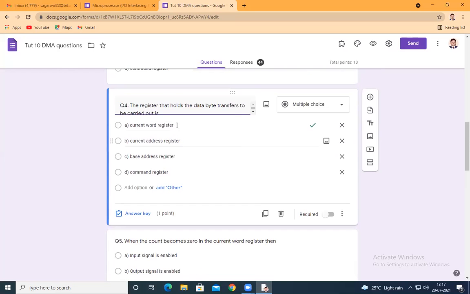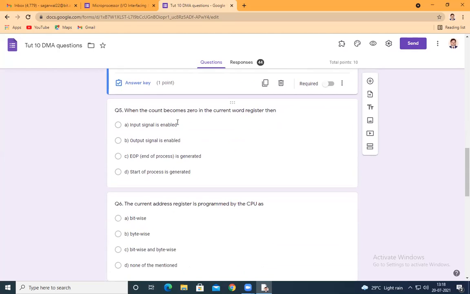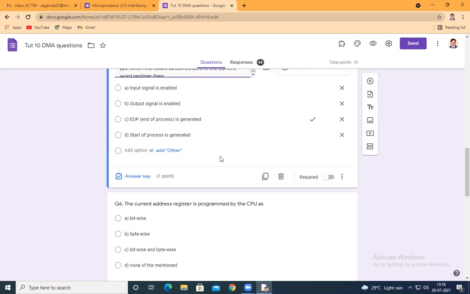Naturally, it is the current word register, whose data bytes are being transferred. When the count becomes 0 in the current word register, how does it become 0? The count word register becomes 0 when an end of process is generated. So C is the correct answer.